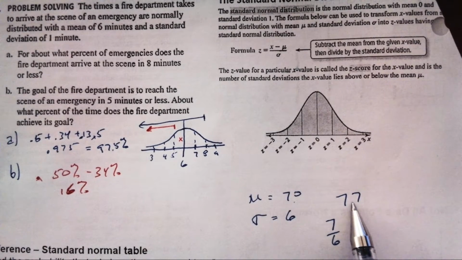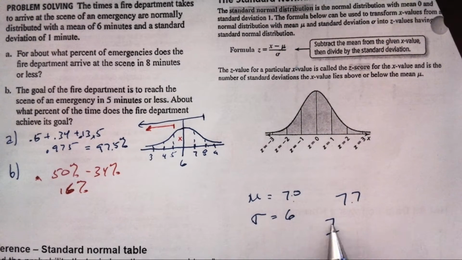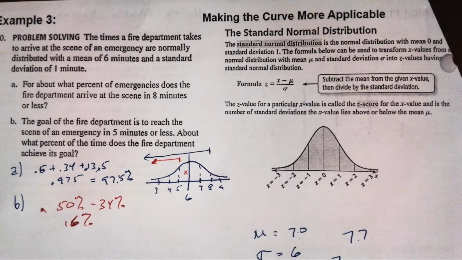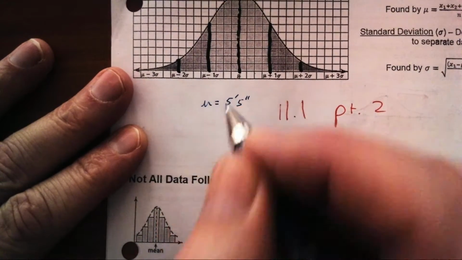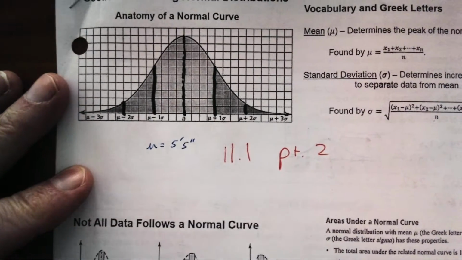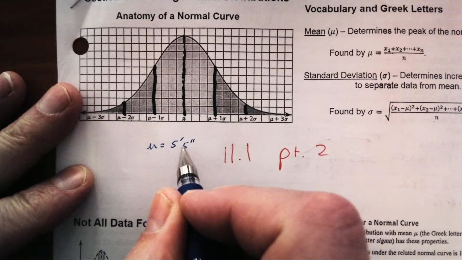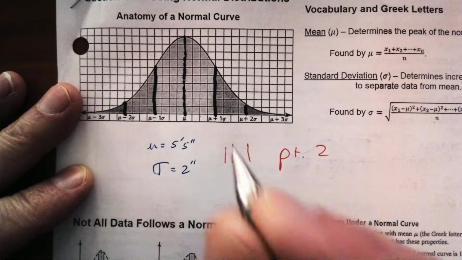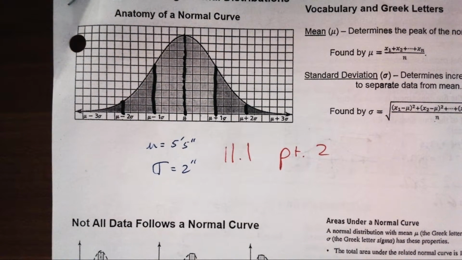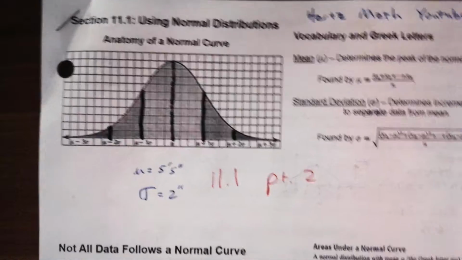Well, what did I do? I took 77, subtracted 70, and got 7, then divided by 6. So in the problem we talked about on the previous video, part 1, let's say the population mean for Hananiga girls is 5 feet 5 inches, and the standard deviation is 2 inches.